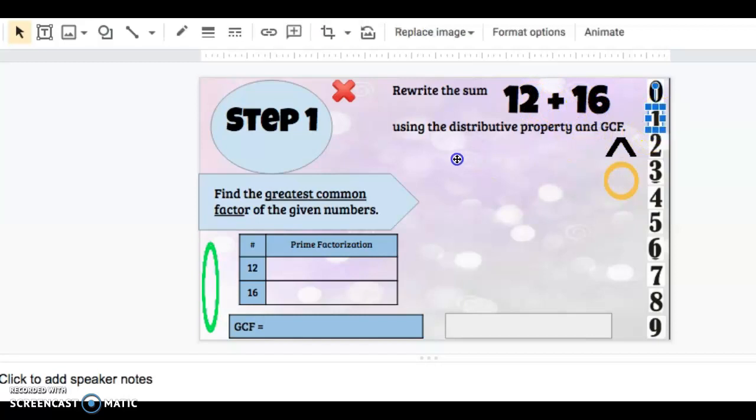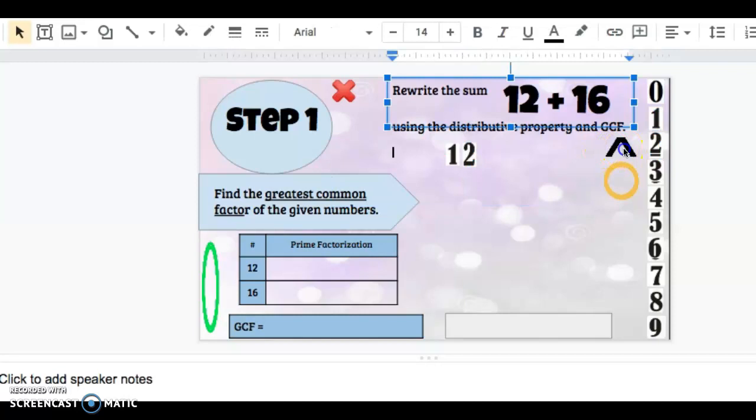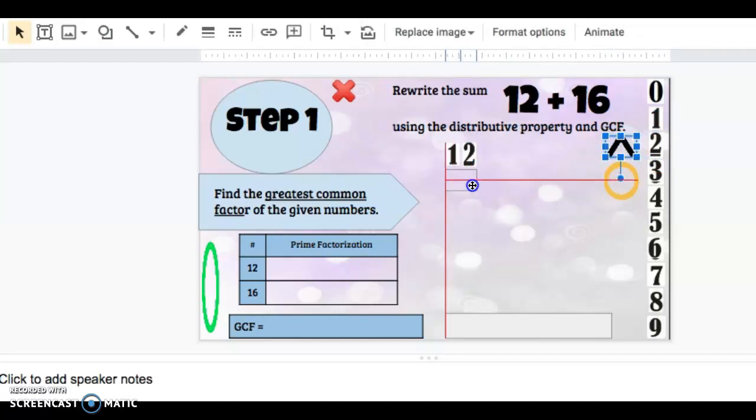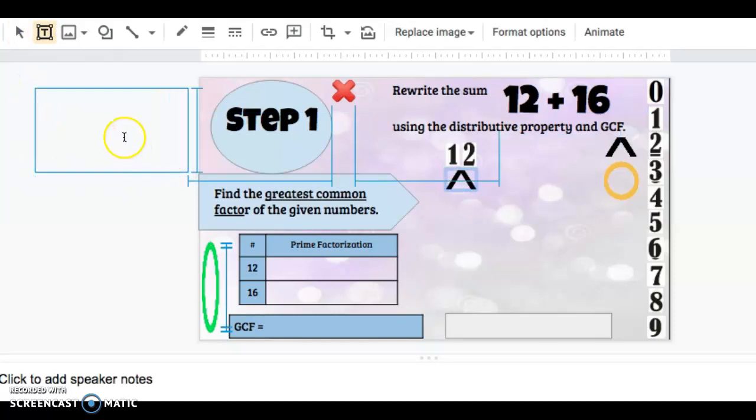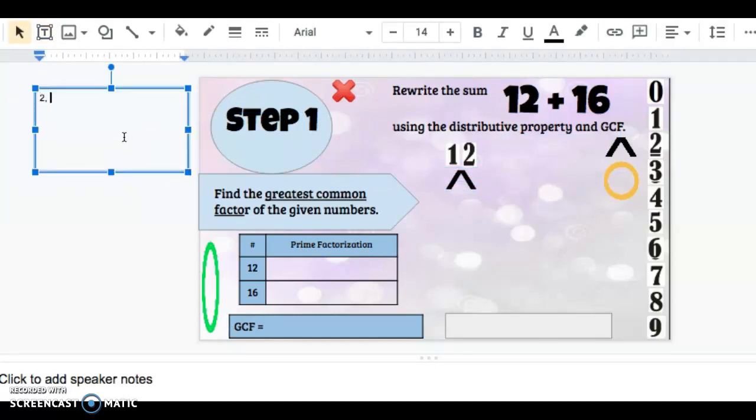Just like we normally would when we have two numbers, we break them down. So we have 12, and then we have to break it down into the prime numbers. So remember, and I'll even add the text box over here for us, it's 2, 3, 5, 7, 11.